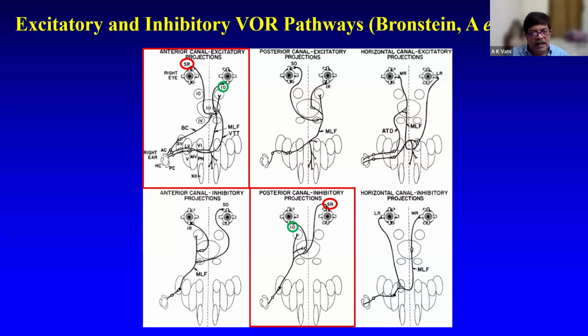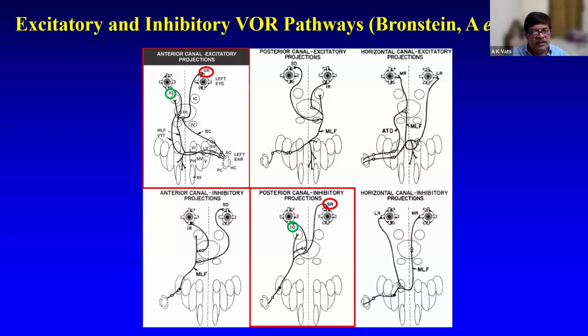As we can see, if we reverse this, in the upper row, leftmost, the excitatory projections of the left posterior semicircular canal are to the right inferior oblique and left superior rectus, and so also the inhibitory projections of the right posterior semicircular canal are to the same pair of muscles, right inferior oblique and left superior rectus.